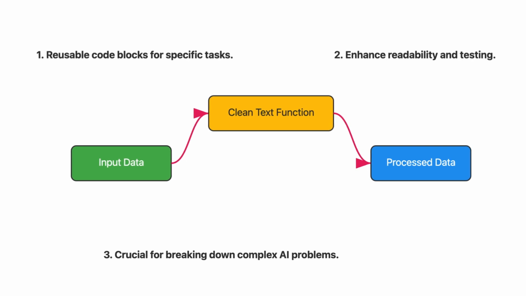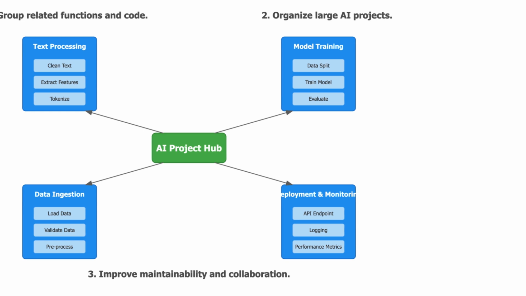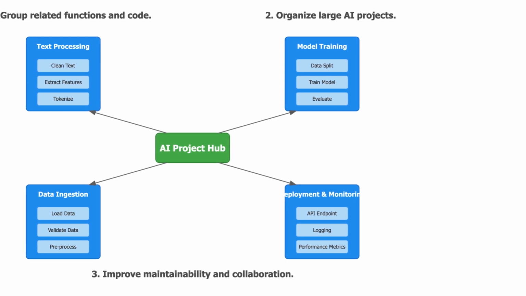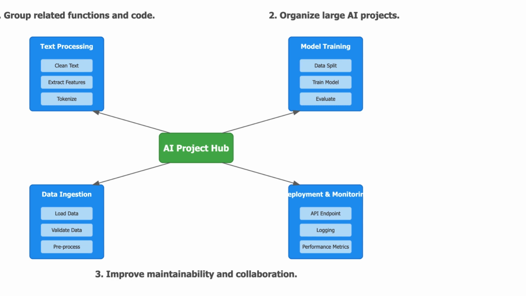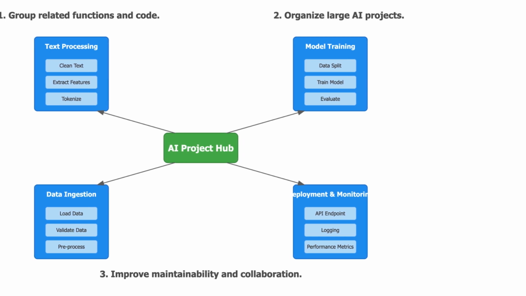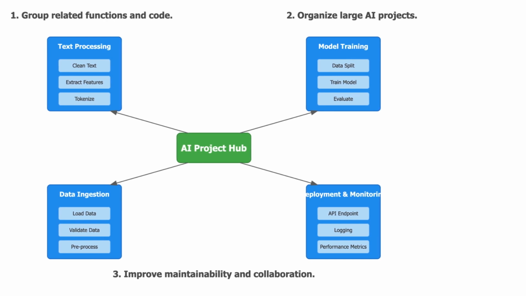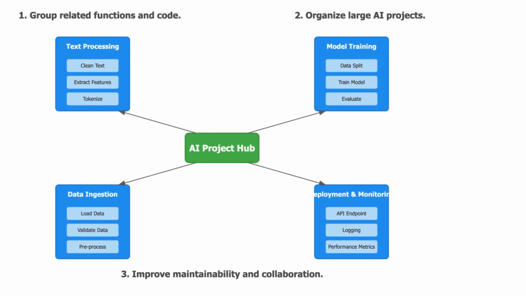As your AI projects grow, simply having individual functions isn't enough. You'll soon find yourself with dozens, even hundreds of functions. This is where modules come into play. Think of modules as specialized departments in your AI company, or perhaps different toolboxes in your workshop. Each module groups together related functions, classes into a single, organized file.